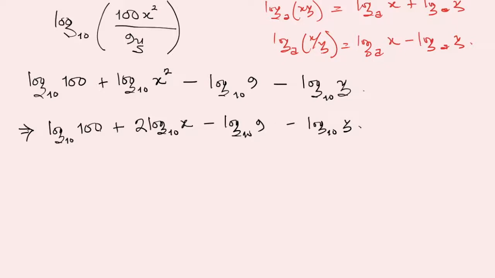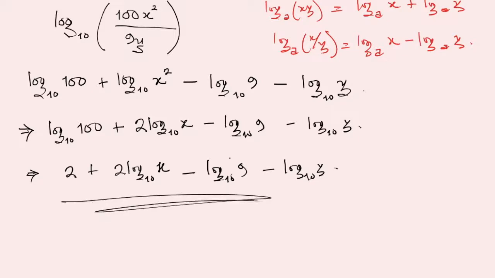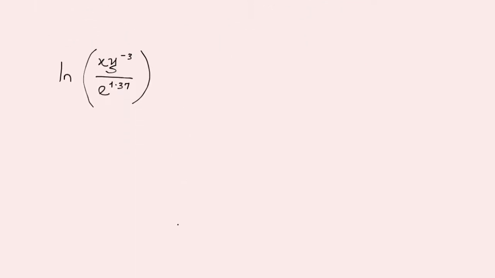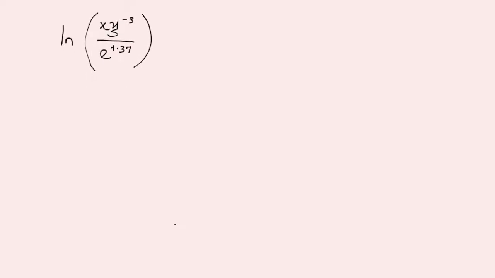Without using calculators, we can evaluate log to the base 10 of 100 to be 2, because 10 raised to the power 2 is equal to 100. So we have 2 plus 2 log to the base 10 of x. We can't resolve log to the base 10 of 9 minus log to the base 10 of y. Using calculators, you can evaluate this, but let's just leave it here. So let's tackle this, which is also to expand.